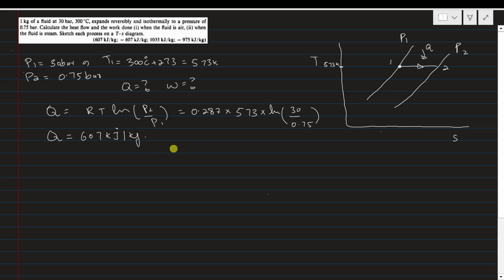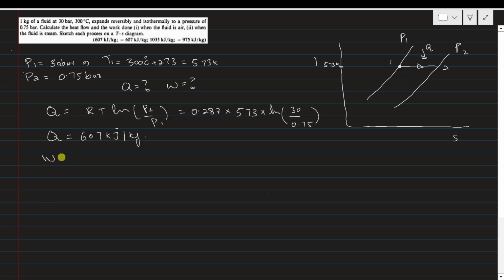And one more thing, it is obvious that when heat is supplied from process 1 to 2, it's an expansion process, because the pressure is reduced. So the work is done by the system. Whenever work is done by the system, it takes a negative value.